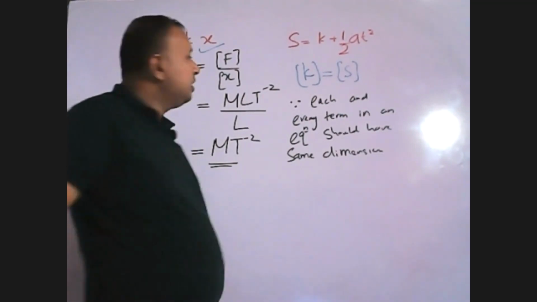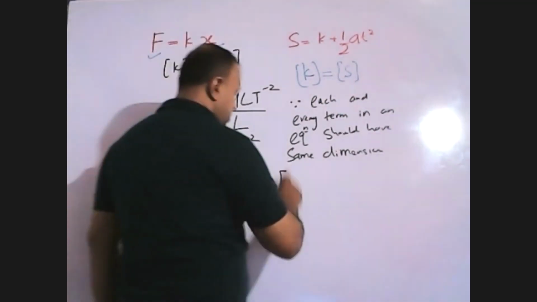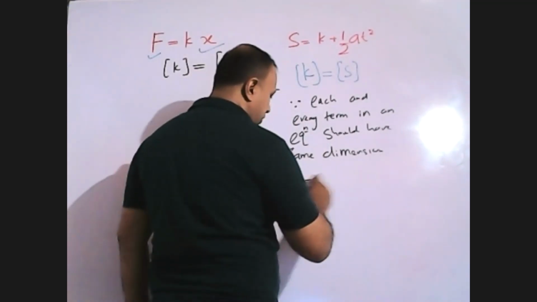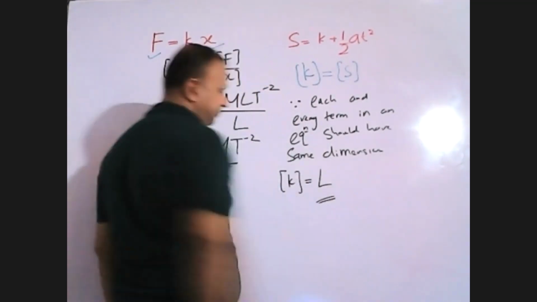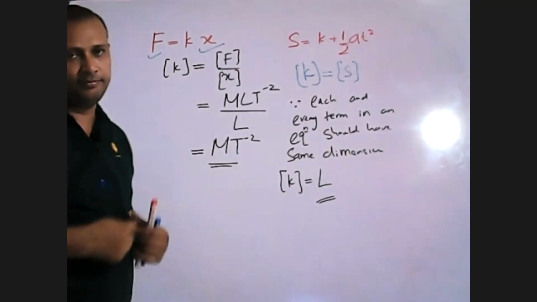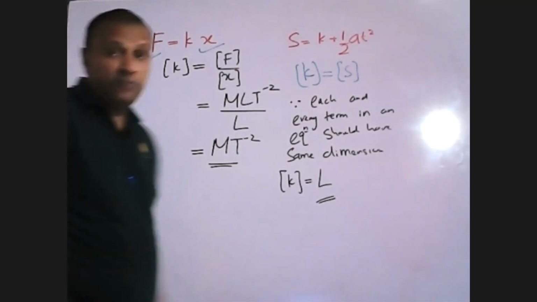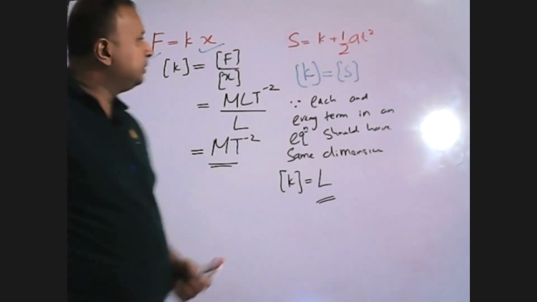That is the logic. So the dimension of k should be equal to L then. That is one way.